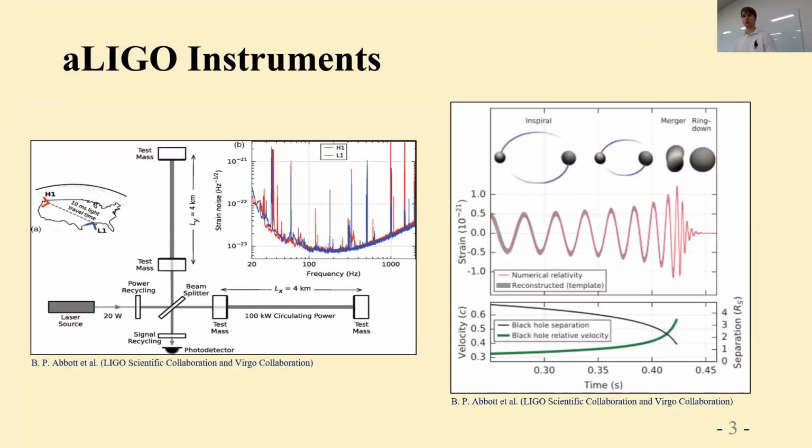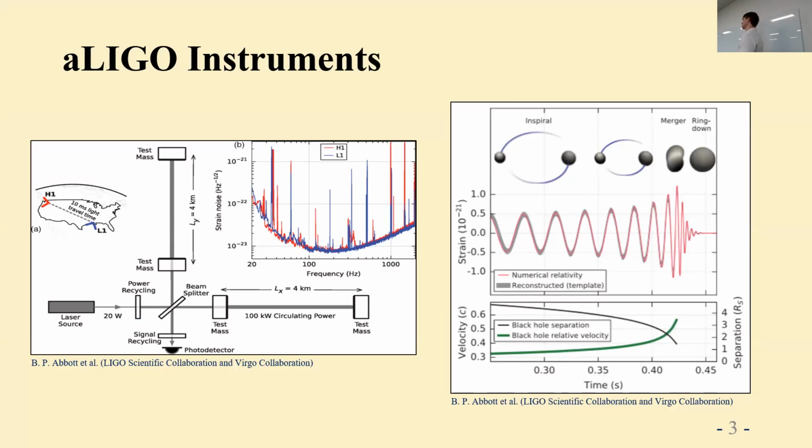So aLIGO, or Advanced Laser Interferometer Gravitational Wave Observatory, represents a dual network of interferometers, one located in Livingston, Louisiana, and then one located in Hanford, Washington. And then to briefly explain how the interferometers work, the instrument splits the laser beam into perpendicular directions.